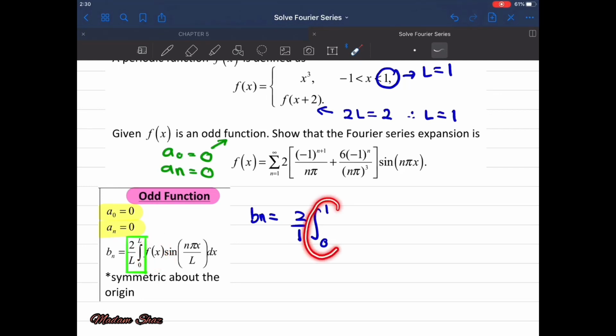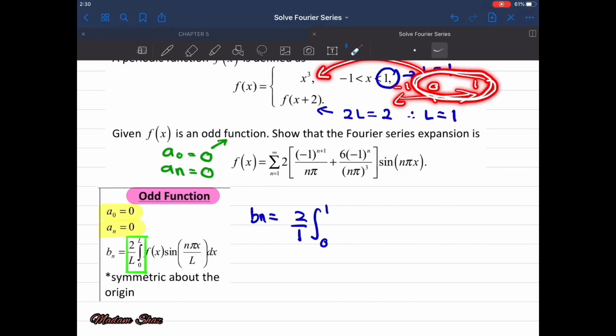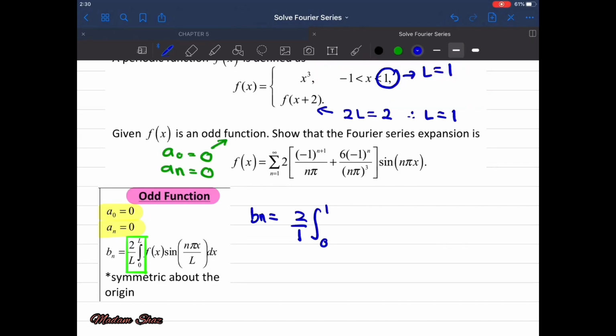So f(x) for the limit 0 until 1, since we have a function x to the power of 3 from -1 until 1, so this one means that you have -1, 0 in the middle, and then 1. Now you want to integrate from 0 until 1, whereby the function is also x to the power of 3. So therefore f(x) is equal to x to the power of 3, sin n pi x over L, which is 1, dx.